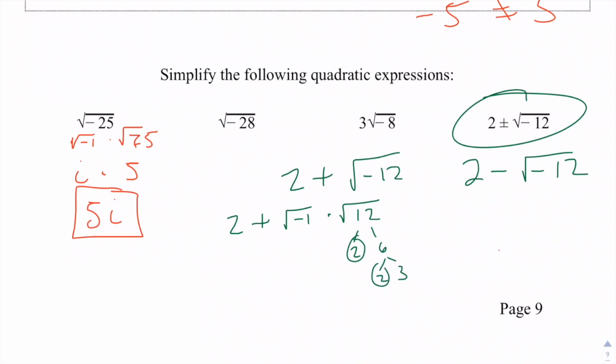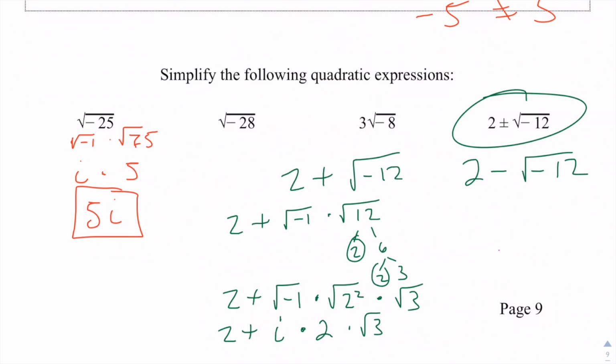So here's my pairs. So I get 2 plus the square root of -1 times the square root of 2 squared times the square root of 3. Simplifying this, I get 2 plus i times 2, because the square root of 2 squared is 2, times the square root of 3.